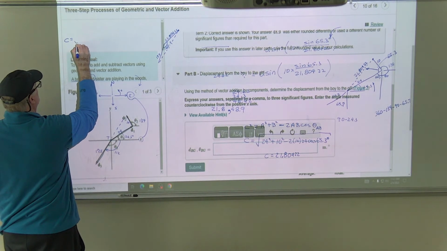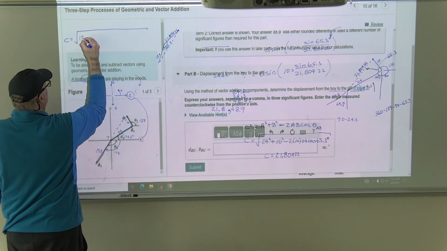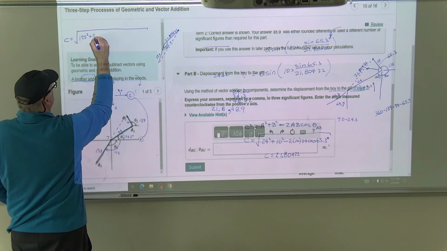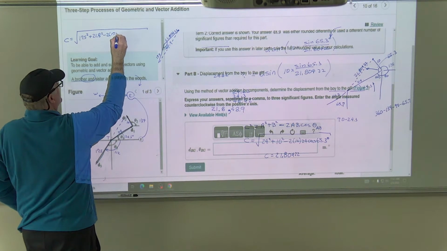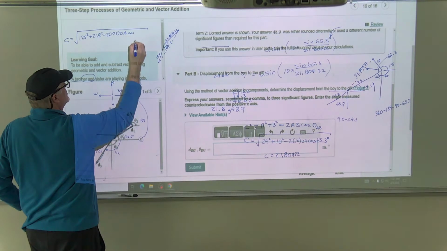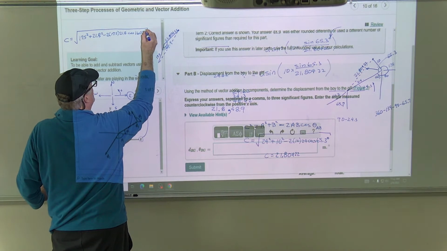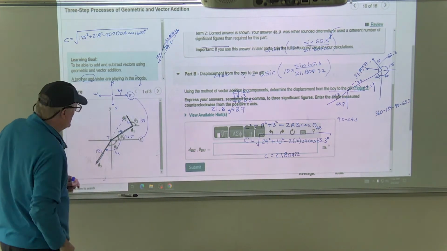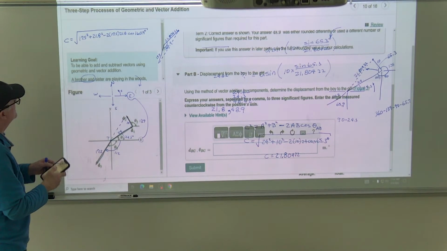C is equal to the square root of 17.5 squared plus, I'm going to just take 21.8 squared minus 2 times 17.5, 21.8 cosine of 160.9 degrees. And let's see if you can recognize that.